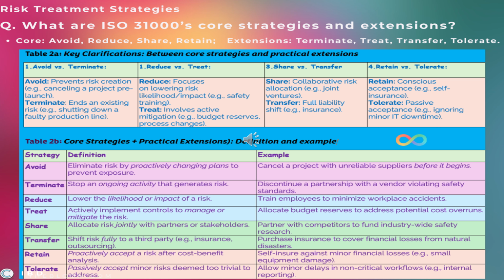Retain is a proactive choice, like self-insuring minor losses, whereas tolerate is passive acceptance of trivial risks, like ignoring minor IT downtime. These distinctions ensure organizations can tailor risk responses to their unique needs.